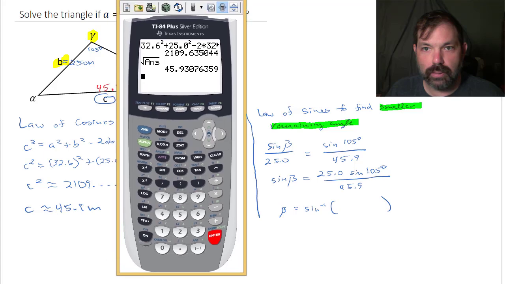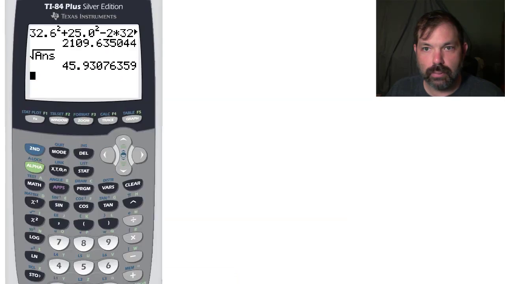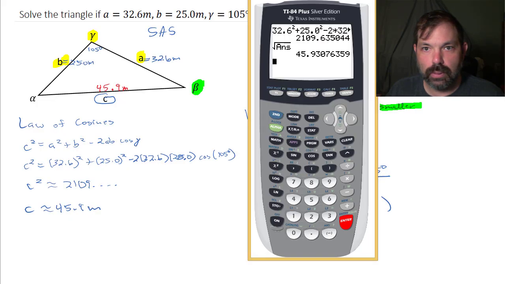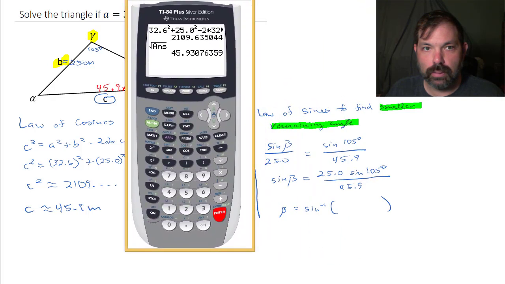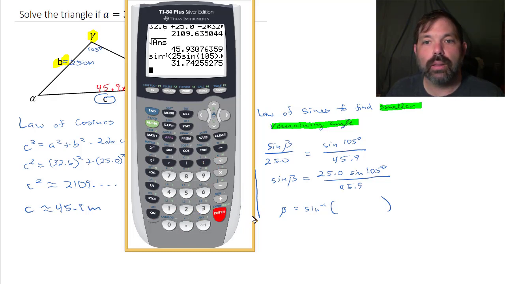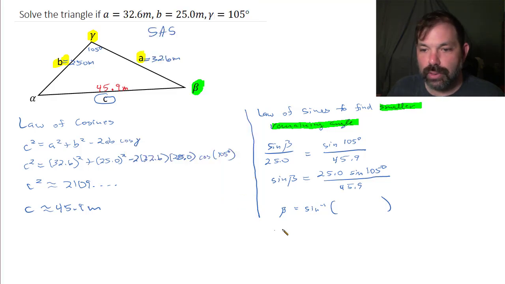Let's calculate that. Second, sine, 25.0 sine 105 degrees divided by 45.9, close off the parentheses. Beta is approximately 31.7 degrees.